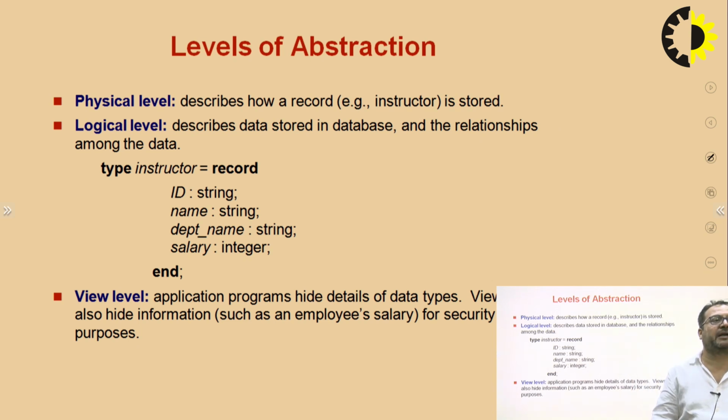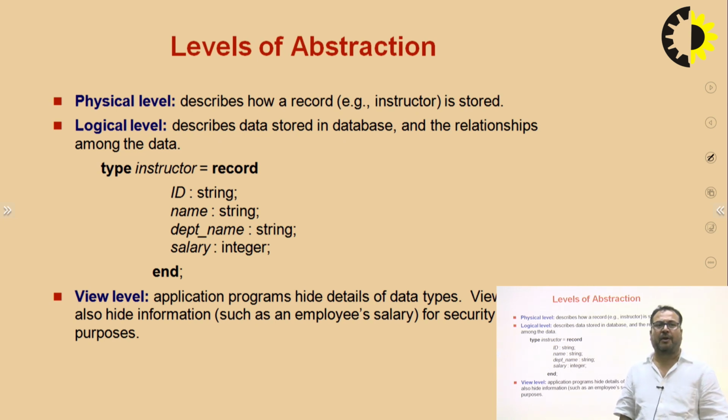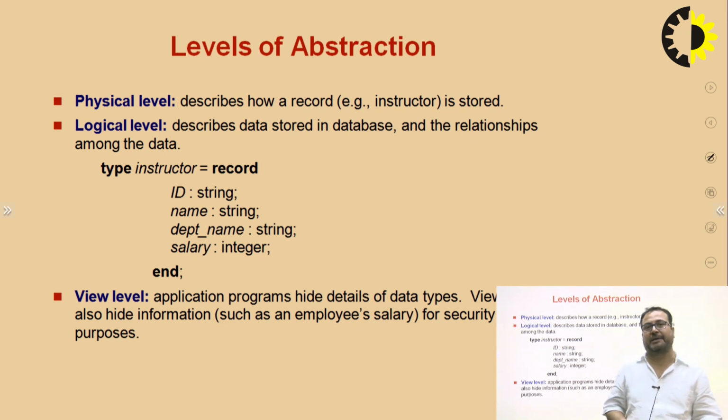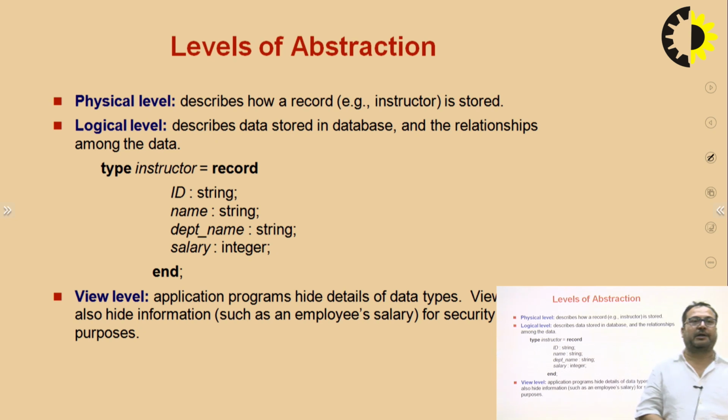The logical level describes the data stored in the database and the relationships among the data. At the logical level we mainly focus on schemas and design. What is the design of the database? Especially with a relational database, how are we going to make the relations, meaning tables?